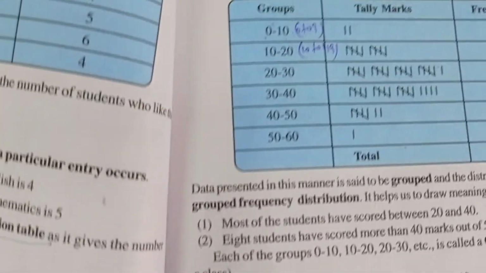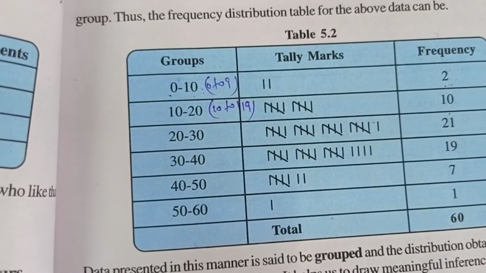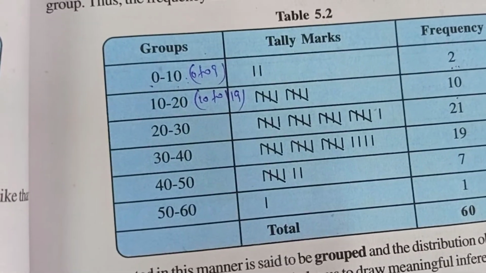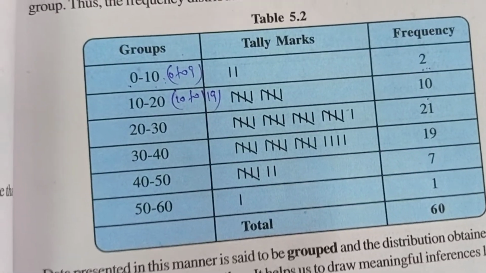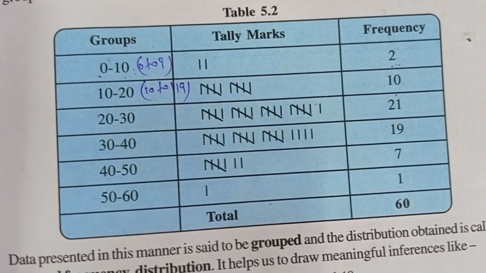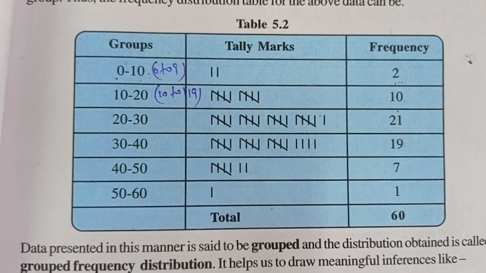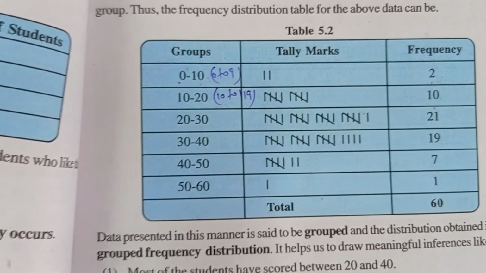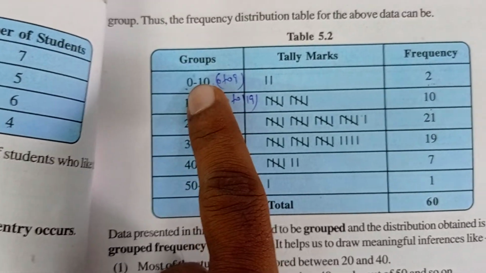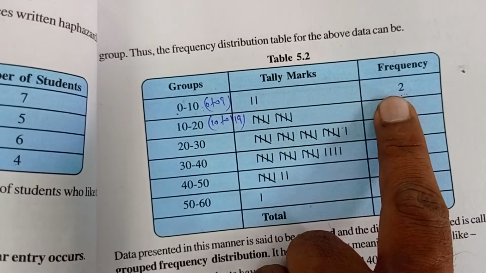Here they are arranged in a tabular form by using class intervals. See, they took groups 0 to 10, 10 to 20, 20 to 30, 30 to 40, 40 to 50, 50 to 60, and they observed how many observations are falling in the first class interval: 2 observations.